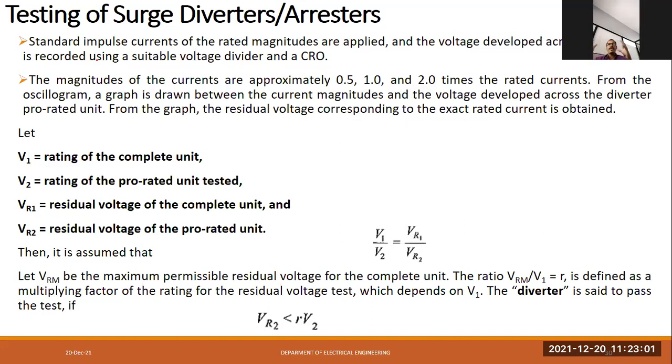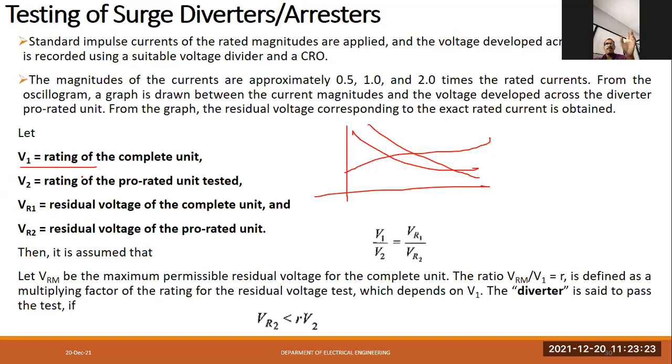So whatever be the voltage and whatever be the current, that way you will get the graph. That graph will show you how the voltage develops across the diverter. V1 we will have.